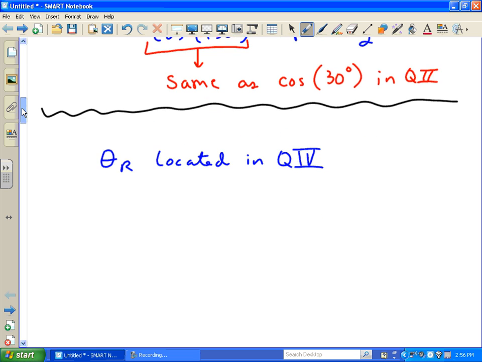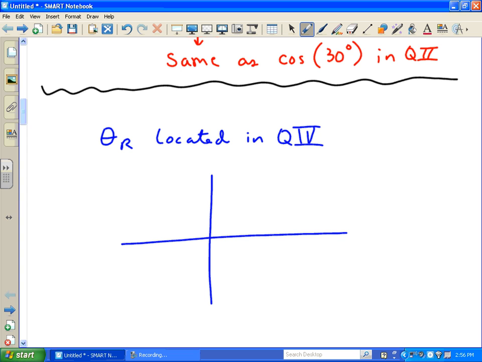I'll go ahead and draw that so that we can see what's going on here. So we have an original angle whose terminal side ended up in quadrant 4, and then we knew that our reference angle is in that quadrant.